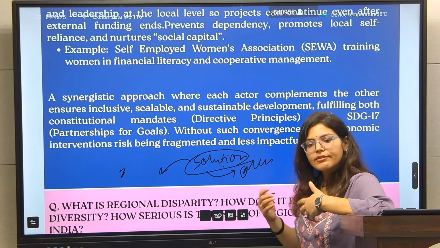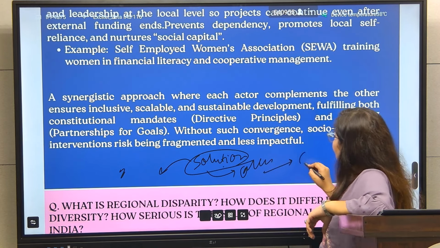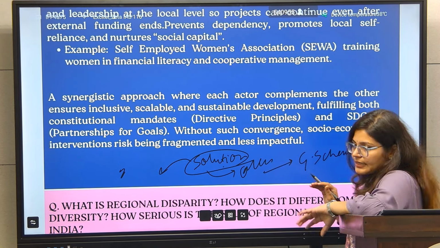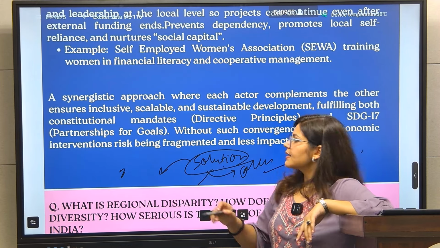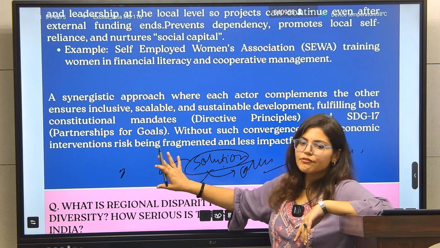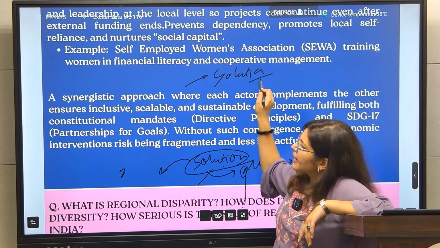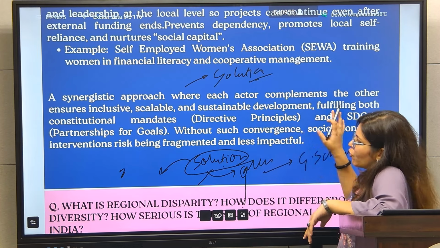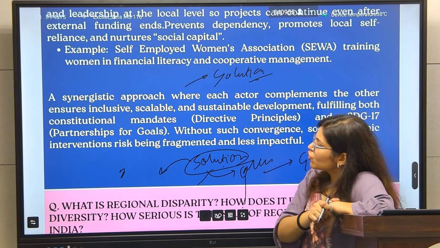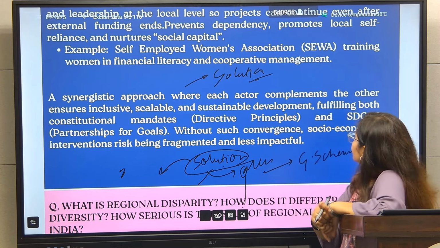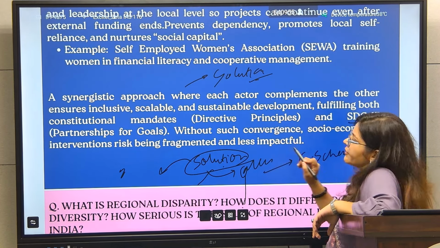So how to conclude this type of question is: if you have a government scheme regarding this, that government is doing this, write that scheme, or otherwise write the significance. Yes, the significance of that solution, that yes, this is the most productive model, the synergetic approach where each actor complements the other, ensuring inclusive, scalable and sustainable development, fulfilling both the constitutional mandate and SDG 17.